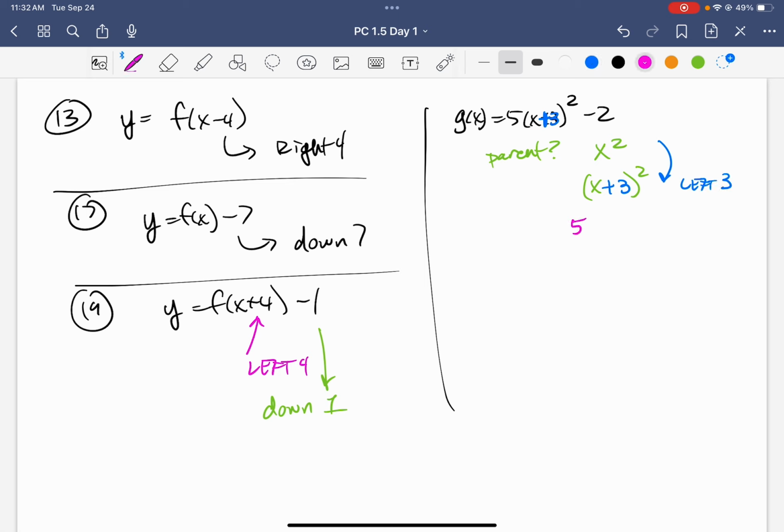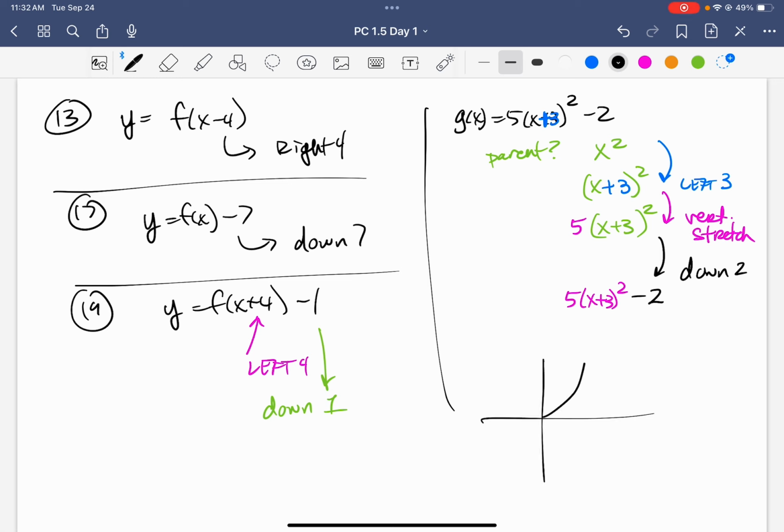Then I think you multiplied all of your y's by 5. We'll talk more about this next time. It is a vertical stretch by a factor of 5. And then we took all those old y's and subtracted 2, which moves the whole thing down 2.